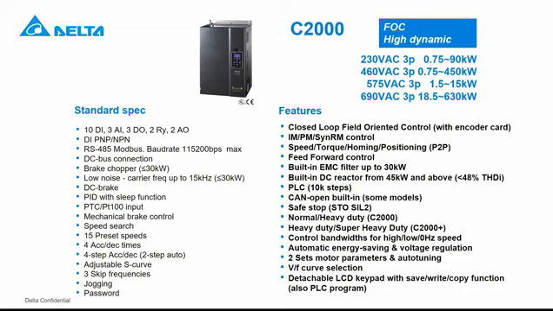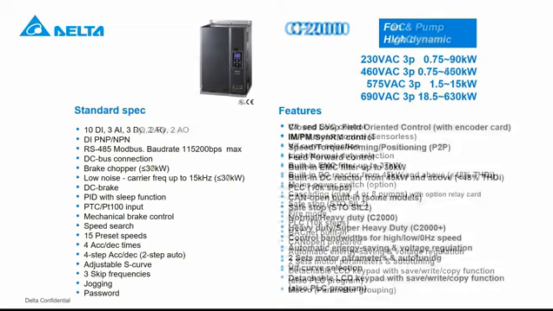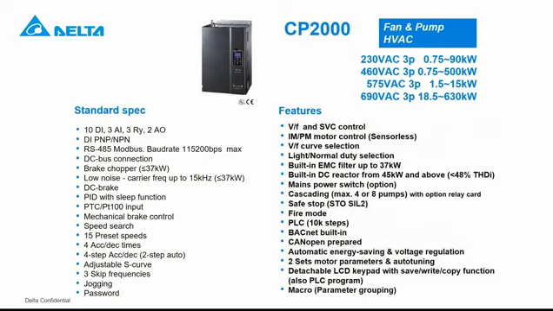So then moving on to the CP2000. This is more or less based on the C2000 architecture. You can see it can go up to 630 kilowatt, or up to 500 kilowatt in 400 volt.